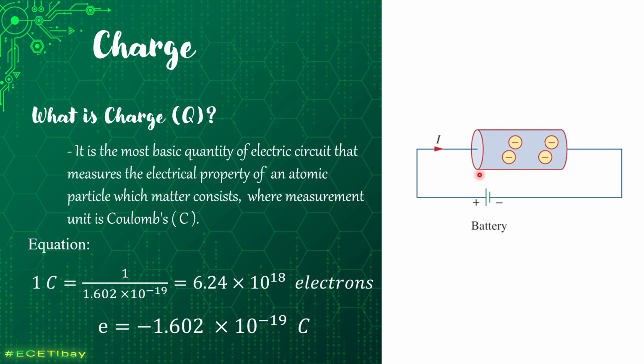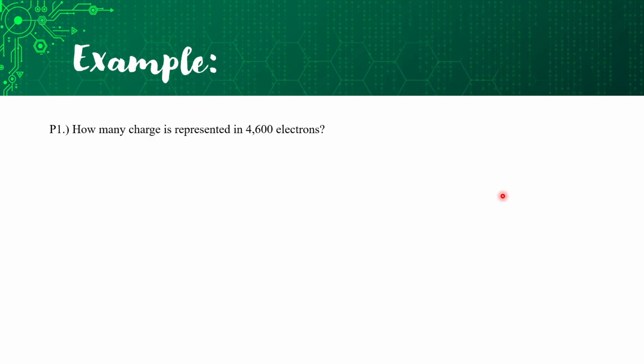If you measure the number of electrons in this particular conductor, we can know how much the charge is in that conductor. It measures the number of electrons in that conductor. That is a simple way to explain the charge.